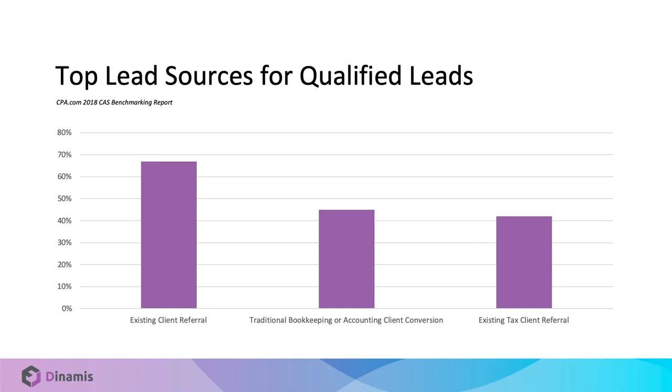So converting that $1,500 of write-up work and that $3,000 business and individual tax return into an ongoing, let's call it $400 a month engagement for CAS that includes both the tax work and the write-up work at $400 a month or $4,800 a year.